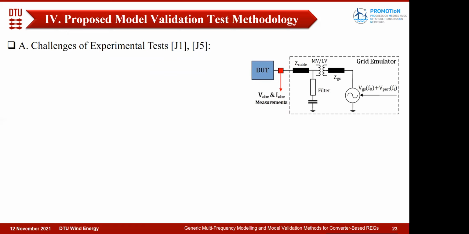So first, let's say this is the equivalent topology or structure of the test bench. Here we have a grid emulator, and then we have the DUT, meaning the device under test, that can be a wind turbine or PV converter, and then we measure the response at this point.